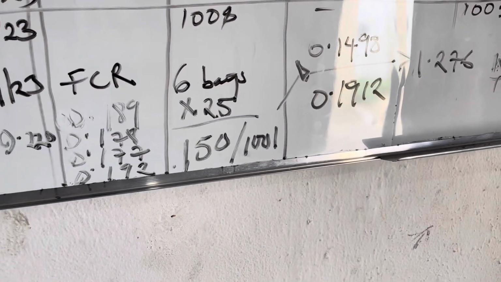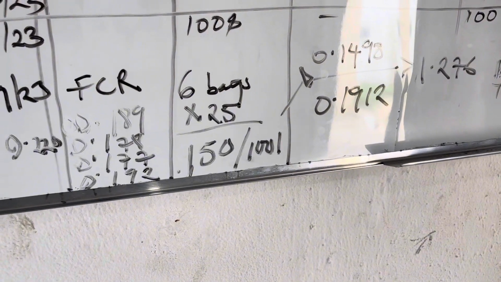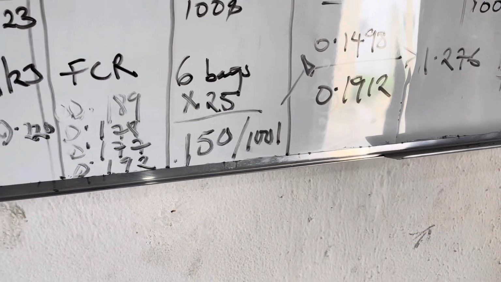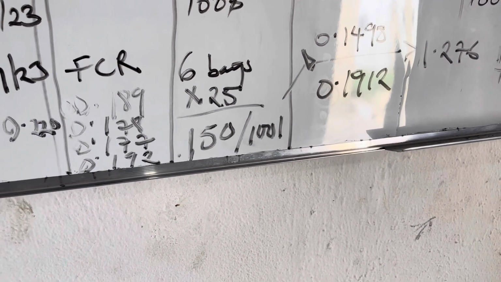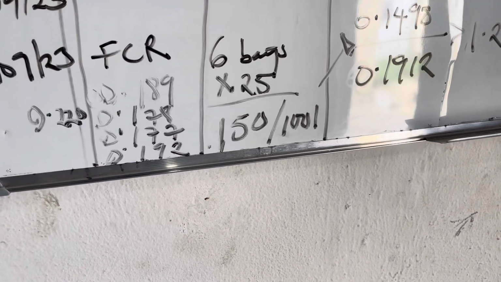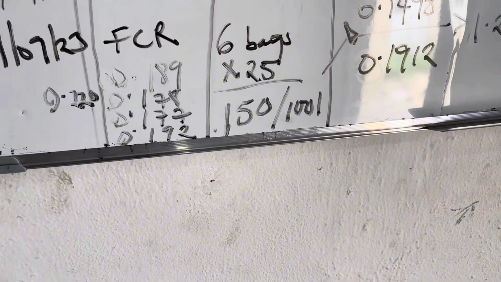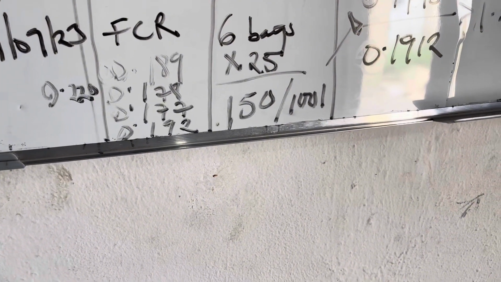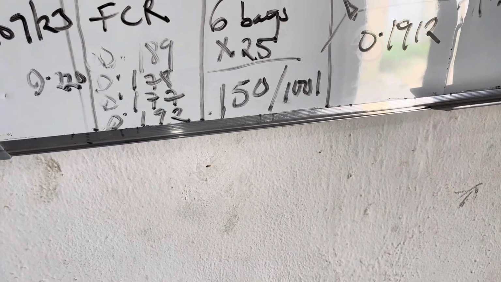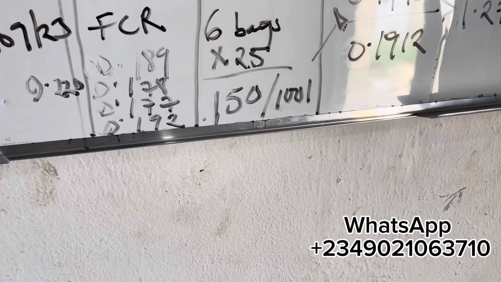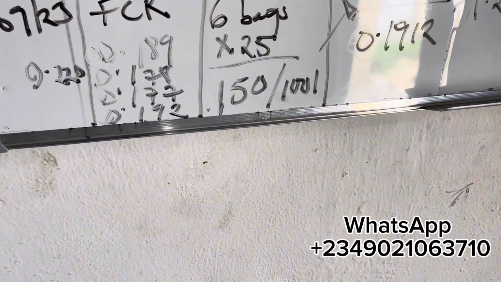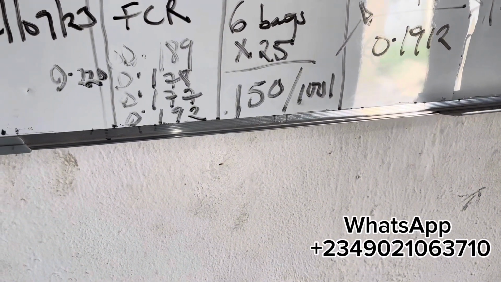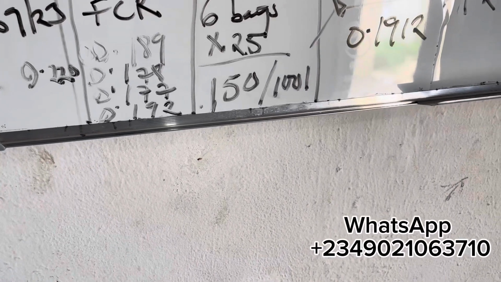So you need to be an informed farmer. You need to know this, because one of the good things about understanding this is that someone could come to you and say, oh, on my farm I have 100 birds, and they are consuming 4 bags of feed, but they are looking so small.